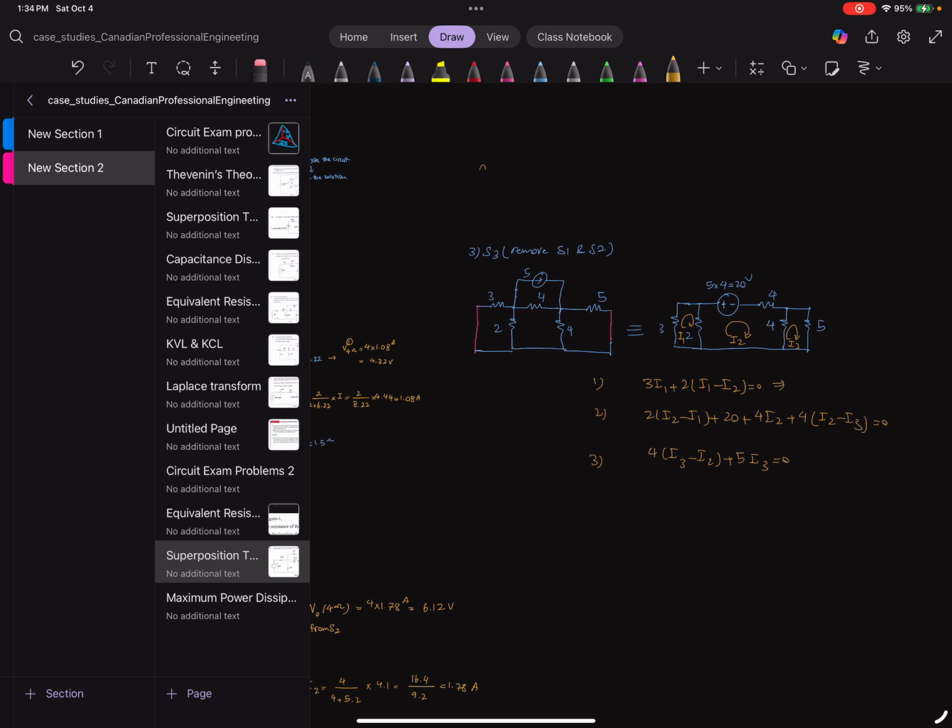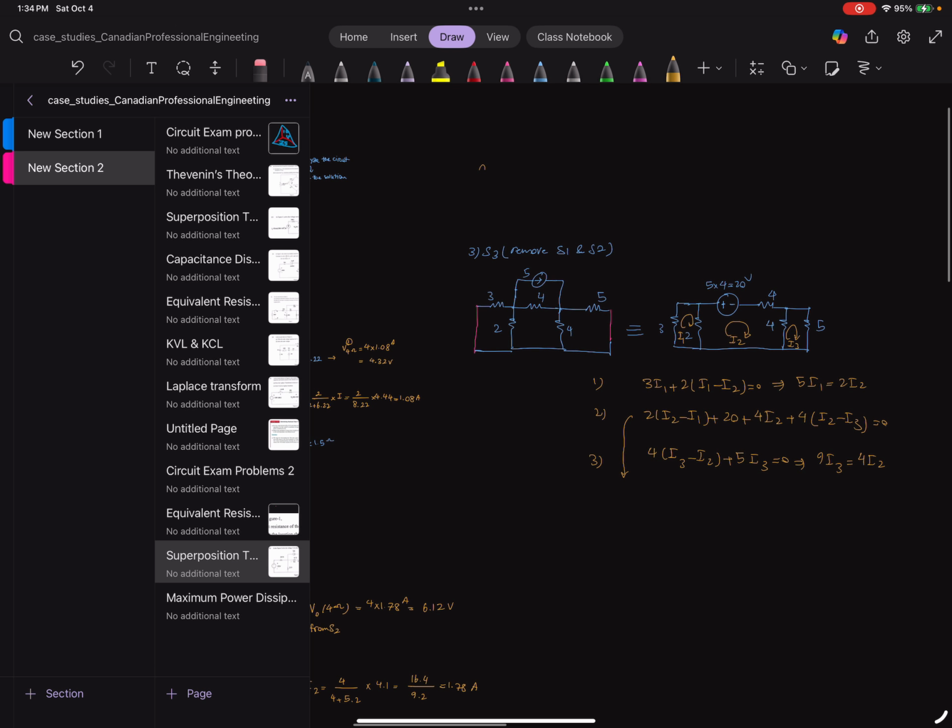So here 5i1 is 2i2, and then here 9i3 is equal to 4i2. Okay, so now let's write everything in terms of i2. Yeah, this way it's much easier.